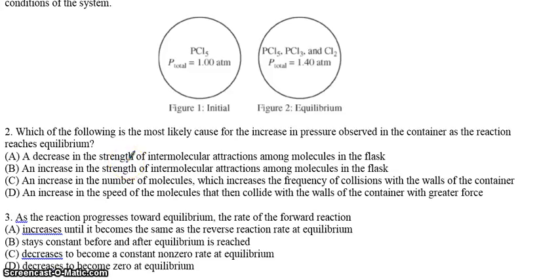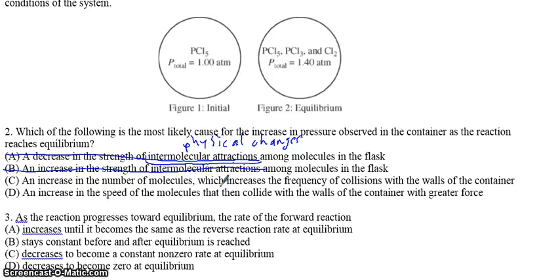Intermolecular attractions are between molecules, a physical change, where we do have a chemical reaction going. So intermolecular attractions are not going to be the cause of the change. So that one is out.